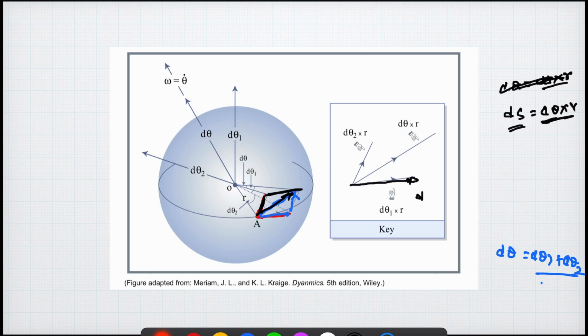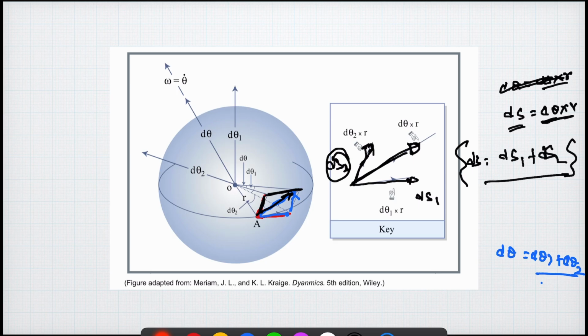A small angle d theta 1 gives a displacement ds1, and the angle d theta 2 gives a displacement ds2. The resultant of these two is somewhere like this. Because displacement is a vector quantity, their addition is going to be a vector addition, so I can say ds1 plus ds2.